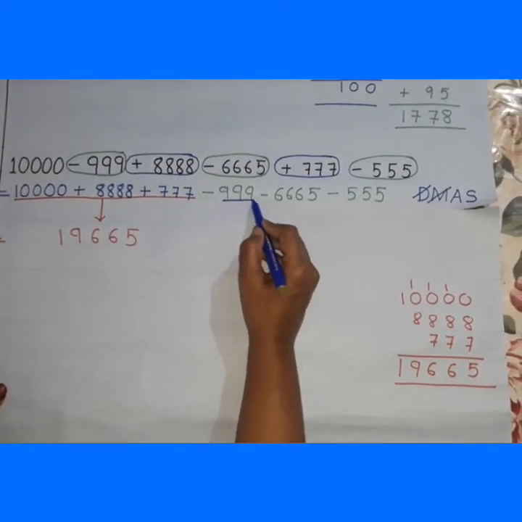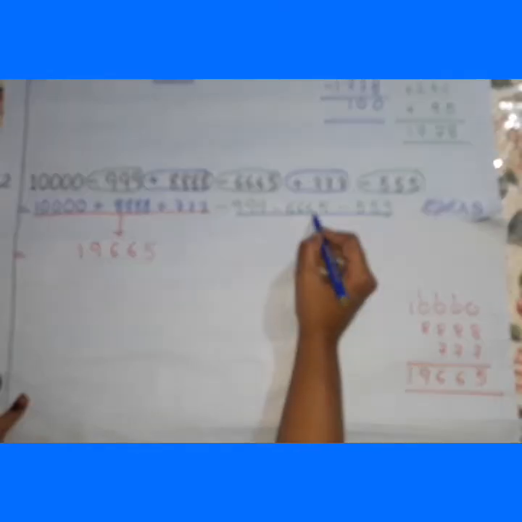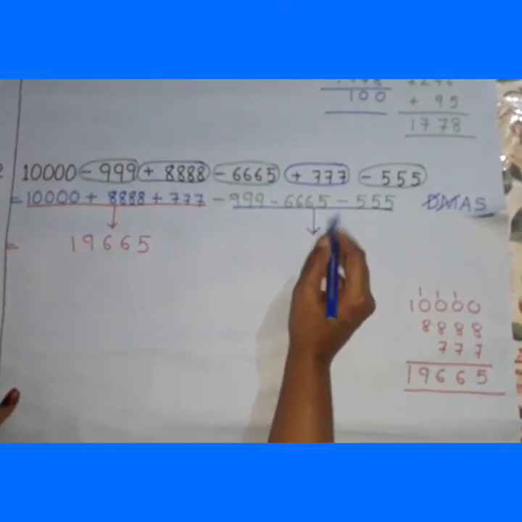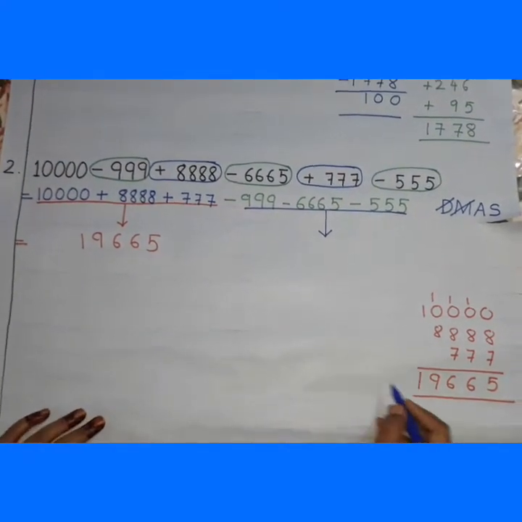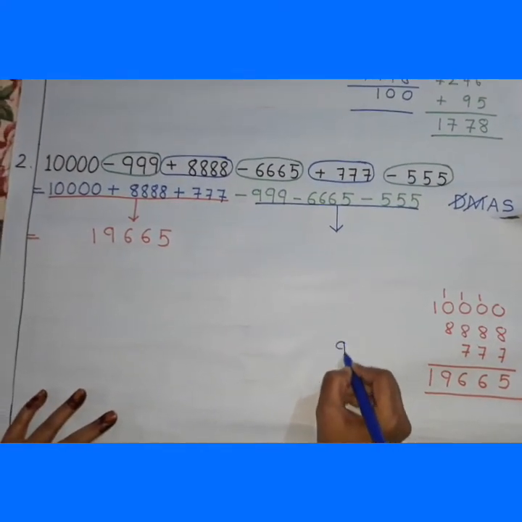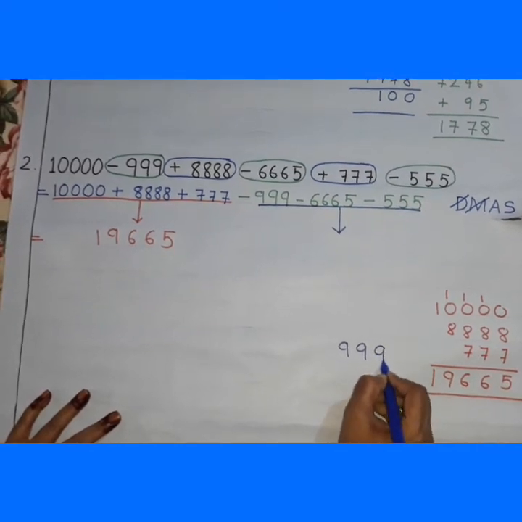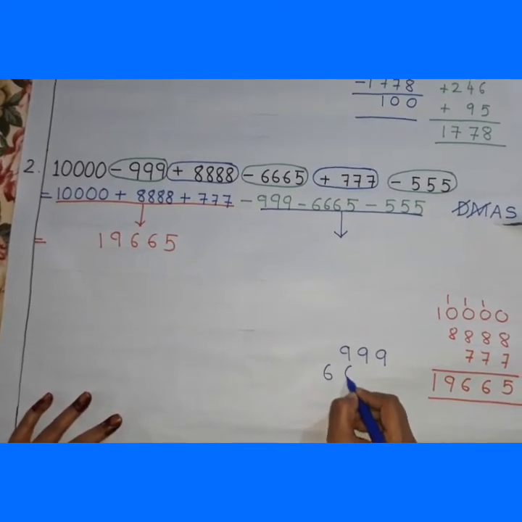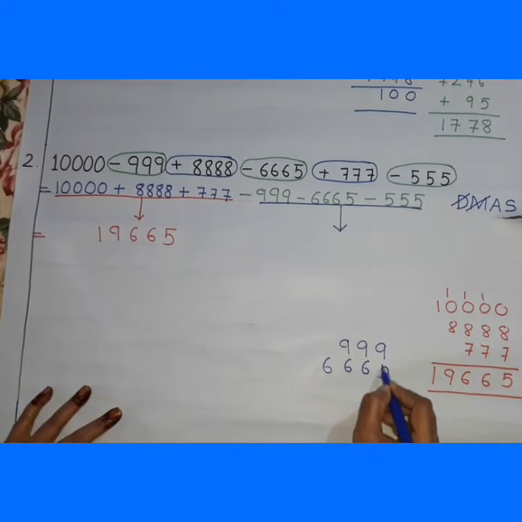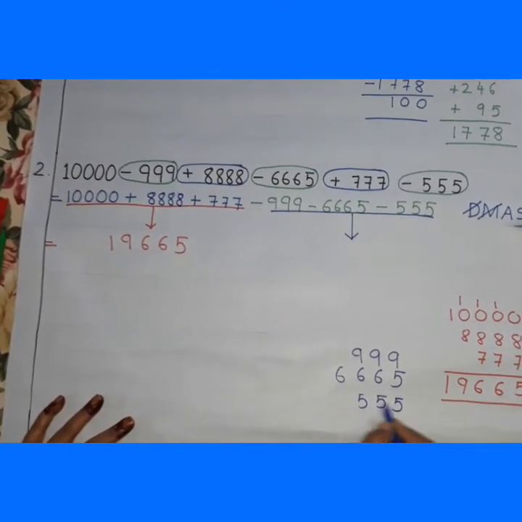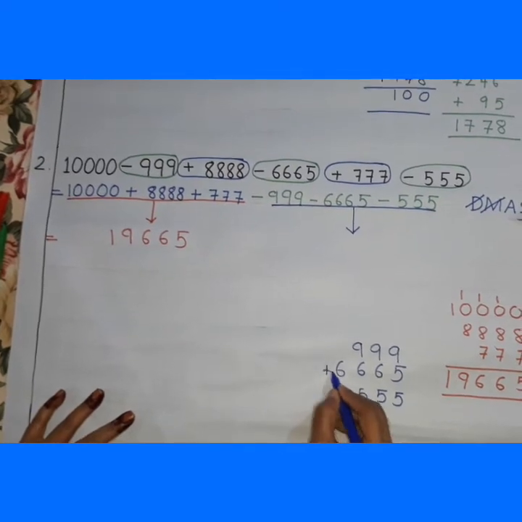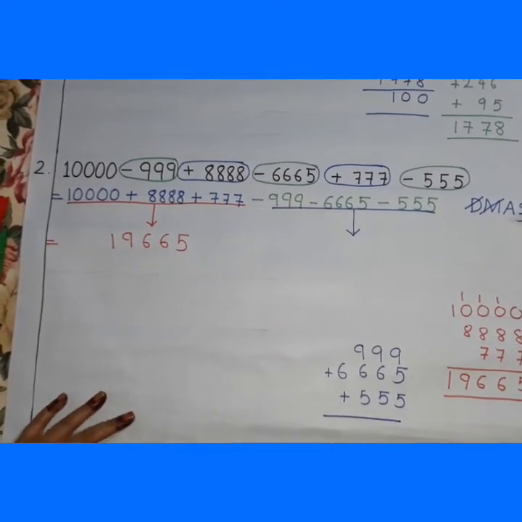So, just underline all three of them. Make an arrow mark. Add the numbers and then write down the answer. So, let's add up. 999, 6,665, 555. We are supposed to add them up. Am I right?